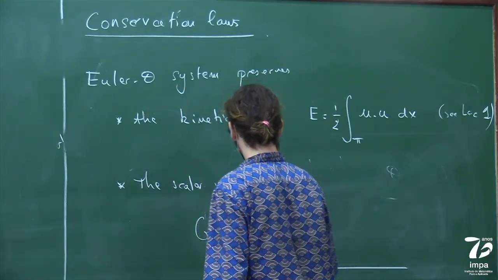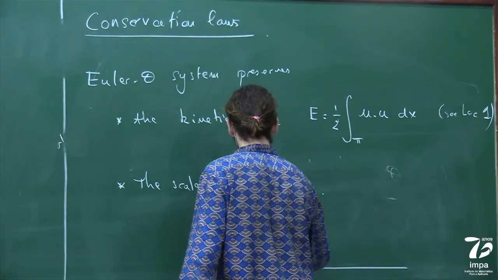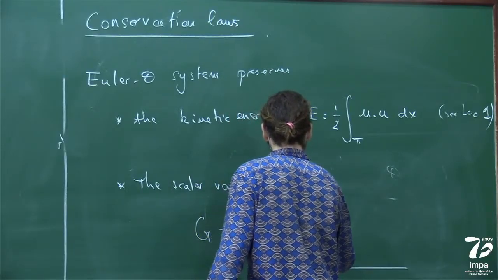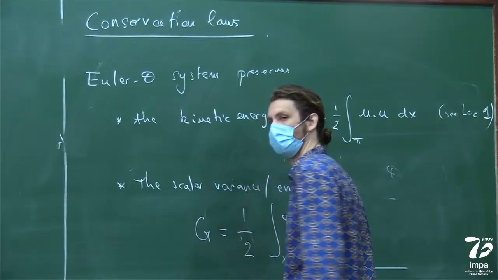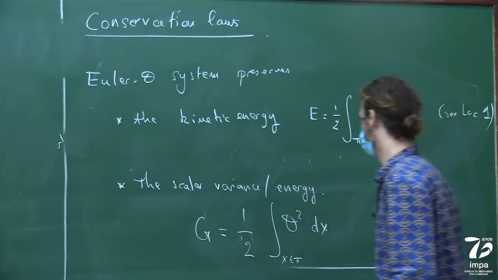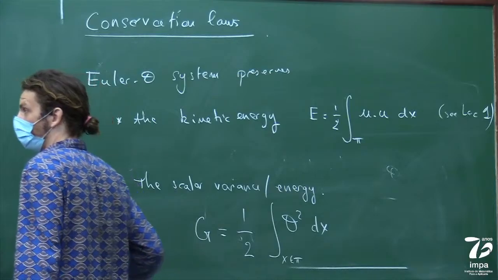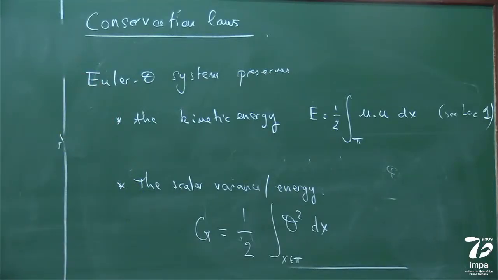It is the integral of θ² dx. The proof is quite straightforward, but requires, of course, incompressibility of the velocity field.